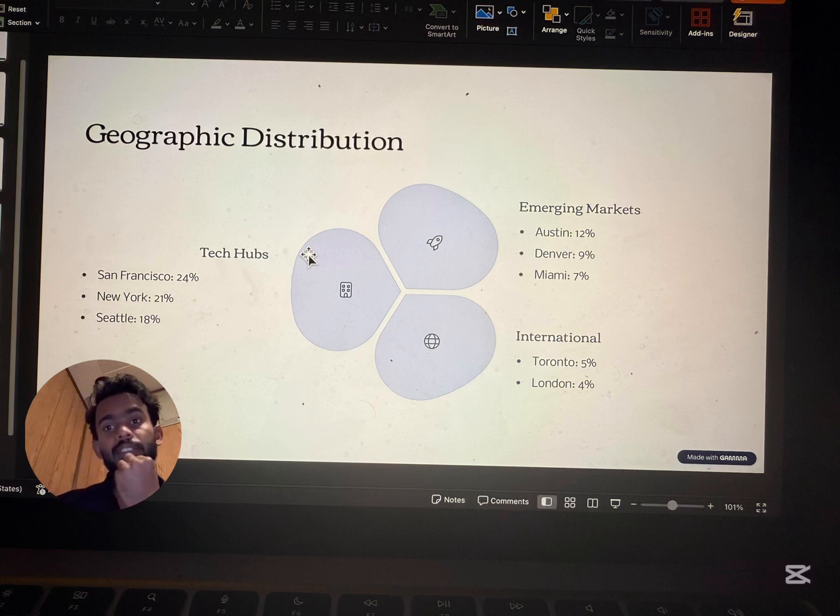I found that cities like New York, San Francisco, and Seattle had the most job postings. That's obvious, because these are big cities with many large companies and major tech hubs. It's also interesting to see growing data job opportunities in cities like Austin and Toronto.